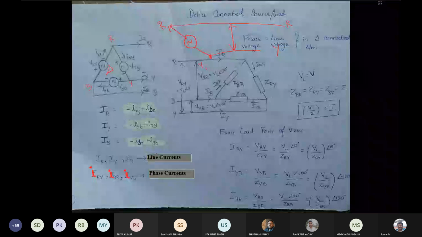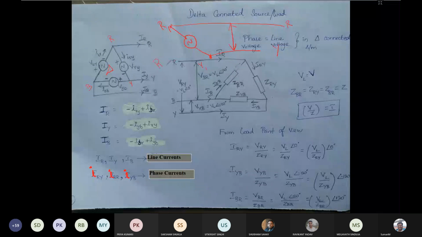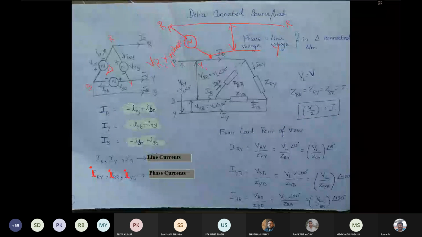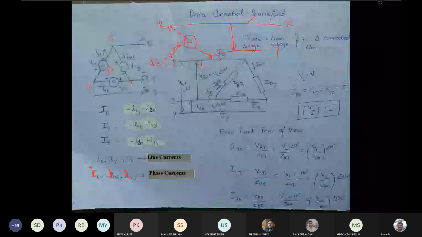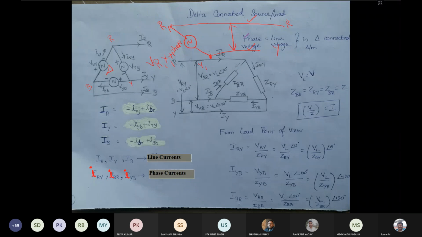In delta connection, the voltage across this R1 Y1 is considered as phase voltage, and the voltage between VRY, this is one line and this is another line, is considered as line voltage. So in delta connection, VRY is equal to VR1 Y1. There is no difference in voltage. So in delta connection, the phase voltage is equal to the line voltage.